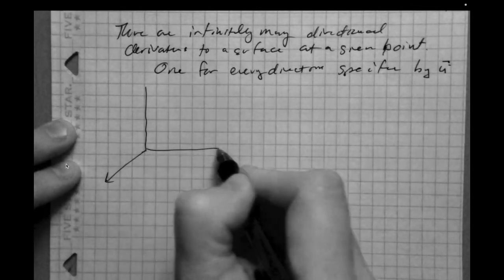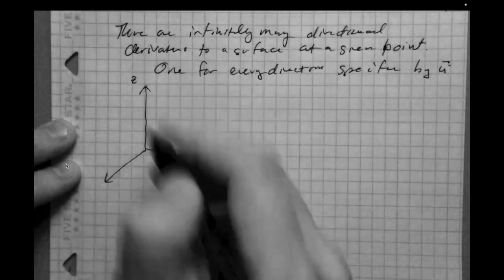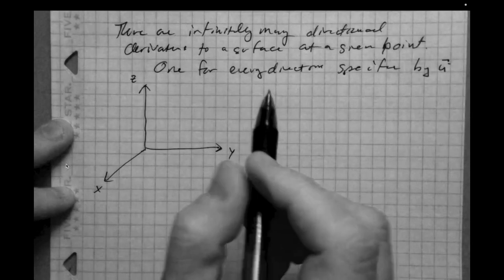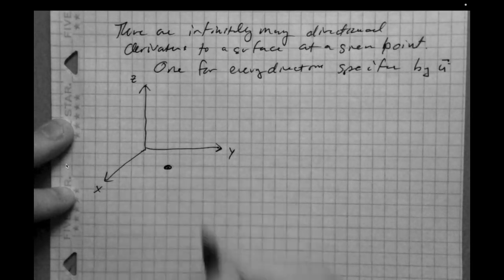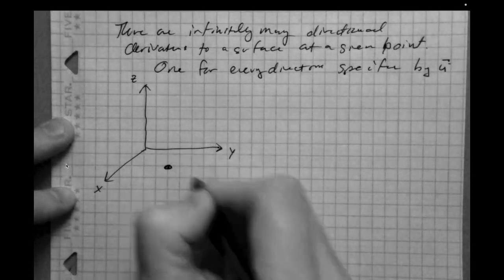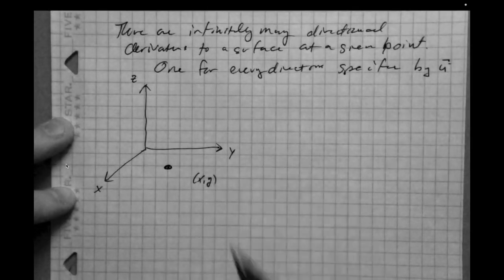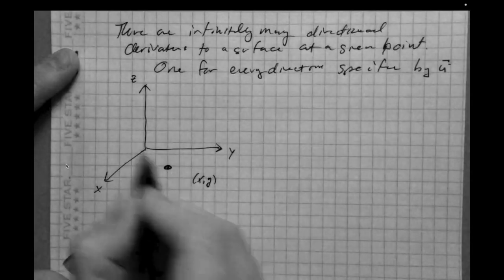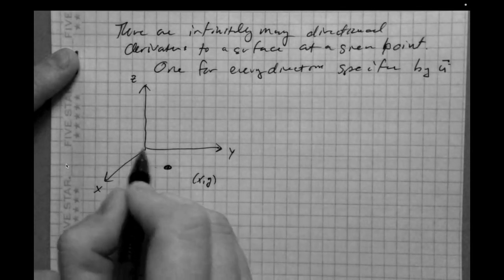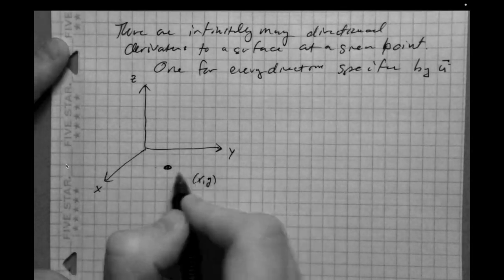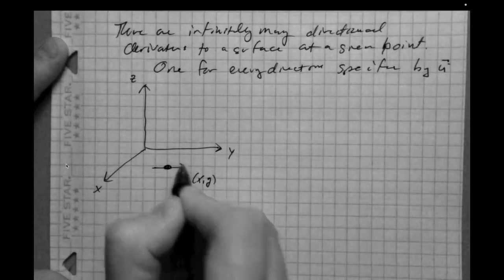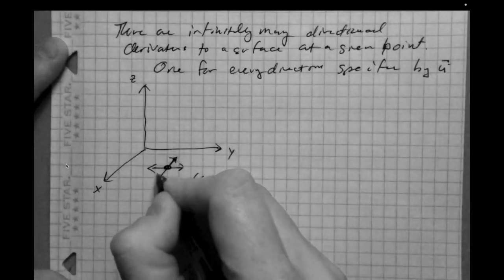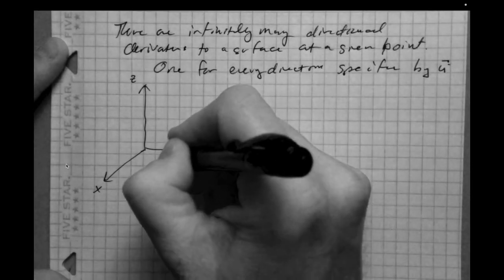But let's just take a look. If I draw the same x, y, z here, and maybe I've got some xy point in the plane, obviously I could draw lines parallel to any direction vector. If it happened to be parallel to the y-axis, it might look like that. If it was parallel to the x-axis, it might look like that. If it was something in between, it might look like that.